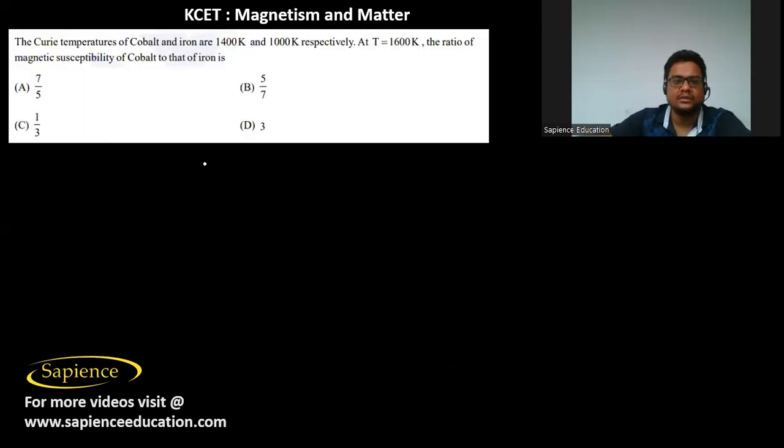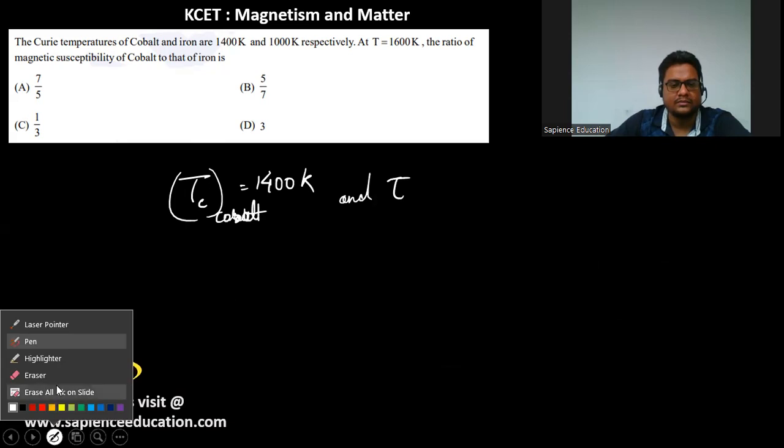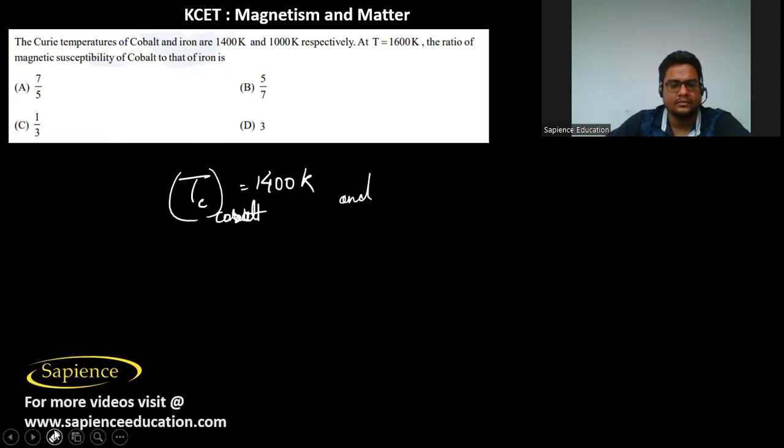Then here it is told the Curie temperature for cobalt is 1400 Kelvin, and the Curie temperature for iron is 1000 Kelvin.